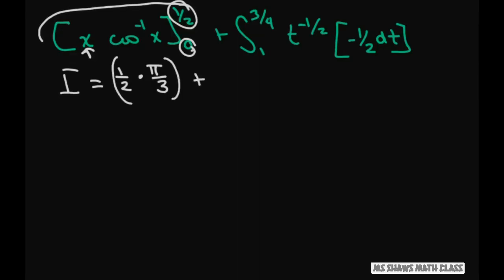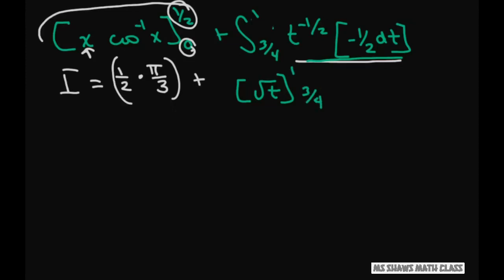Okay, plus, now let's do the antiderivative of this. Before we start that, let's remember, always put the bigger number here. So this would be 3/4 here, and then 1. So when I integrate this, I'm just going to get square root of t, from 1 to 3/4.